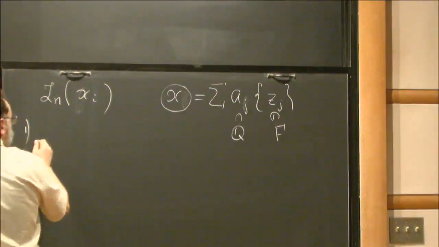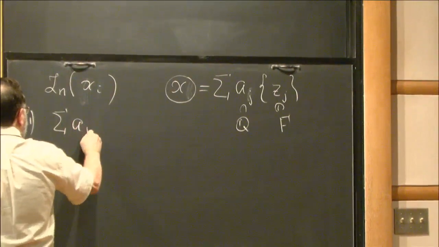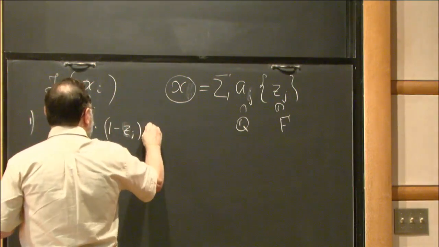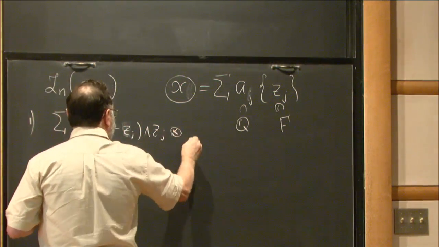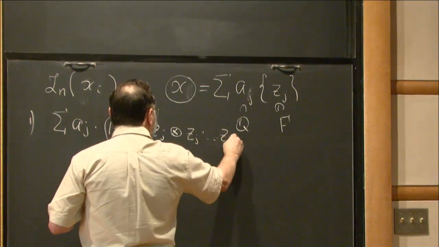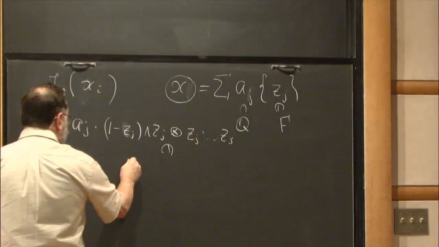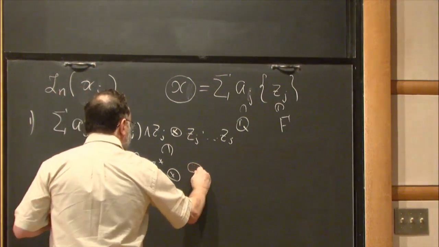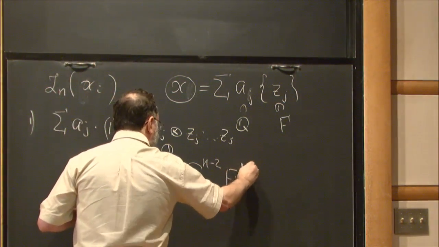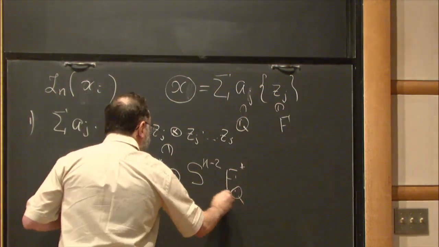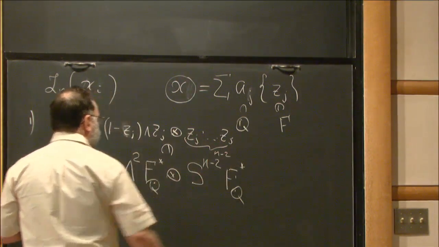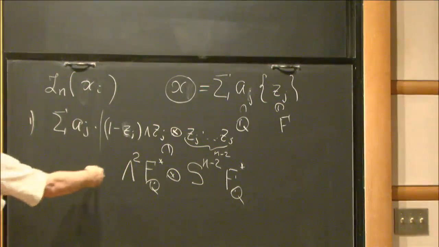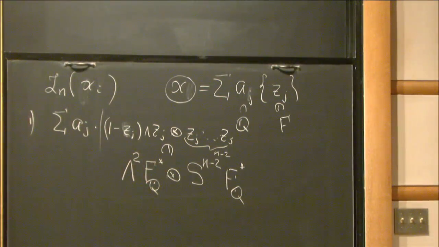The first of them is that if you consider the following thing, the sum of a_j, then 1 minus z_j wedge z_j, tensor z_j, and so on, all this lives in the exterior square of F star tensor Q, tensor n minus 2 power of F star, all this tensor Q. So this is n minus 2 of them. This expression is a rational number, so you can sum elements in this Q vector space with these coefficients. So this must be 0.